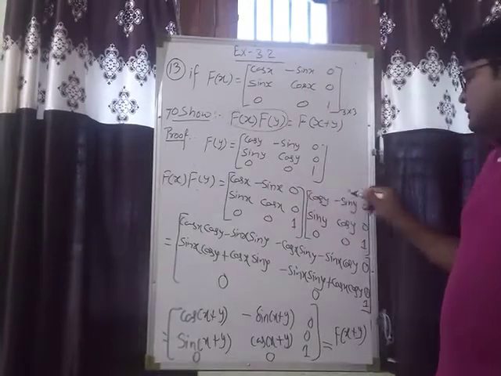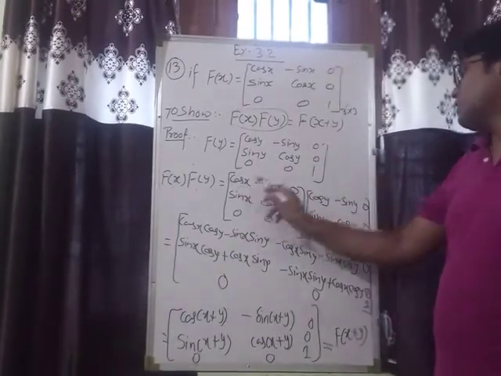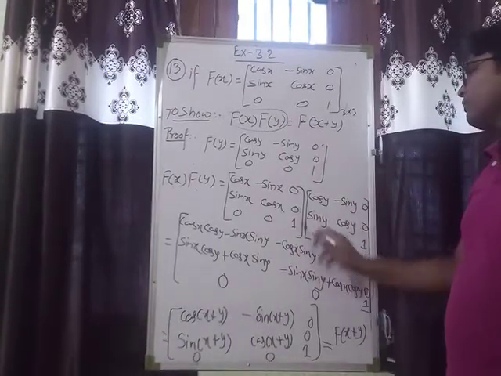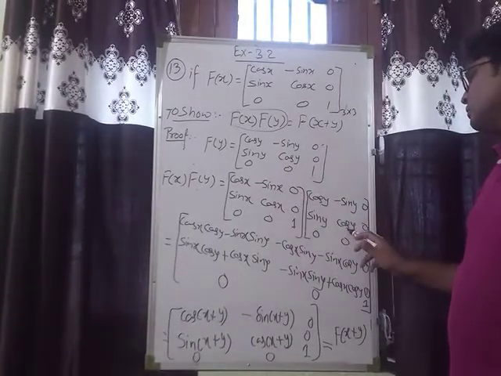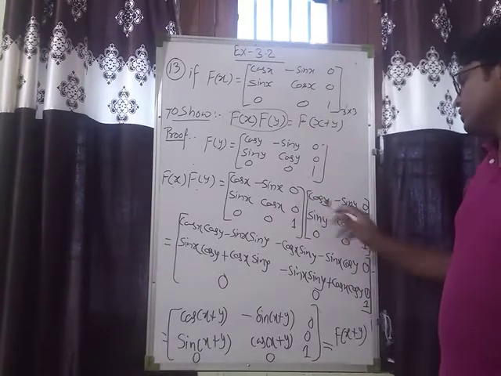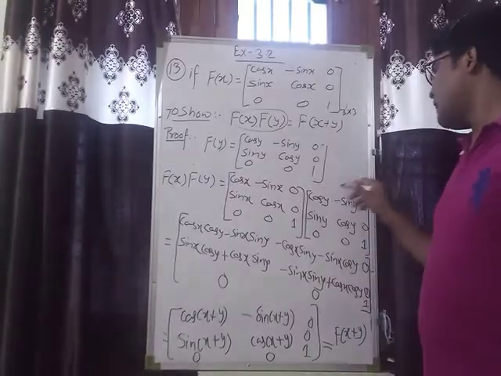Now first row and second column of the post matrix. So cos x into minus sin y, that is minus cos x sin y, minus sin x into cos y, that is minus sin x cos y, and 0 into 0, that is 0.